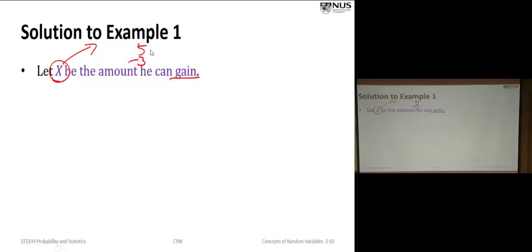At the same time, you have to define the probabilities, what is f(5) and what is f(-3). We can work it out. f(5) simply means the probability of getting tail, tail, tail, or head, head, head, which is 1/4, right?